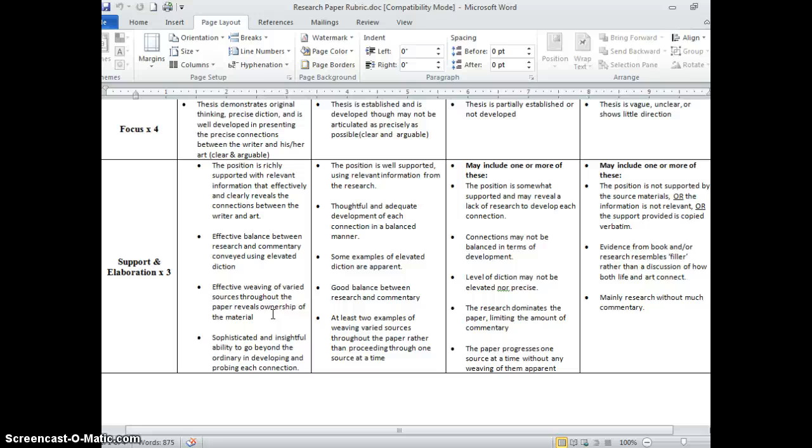And ideally the best papers will weave in and out of the resources rather than talking about one and being done with it, going to the next one, being done with it, and so forth. Okay, so for the three-part here, you'd want at least two examples of this varied resource rather than proceeding one at a time. And again, just something looking for some insight.